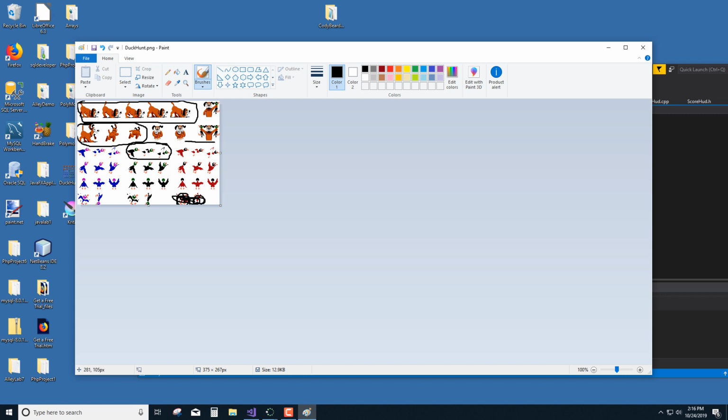Okay, so it looks like the duck has 3, and then it has 2 still frames that we'll deal with. We'll decide if we want to make that a single frame animation or we just want to handle it as a sprite. But for right now, we want the duck flying. So 3 animations.